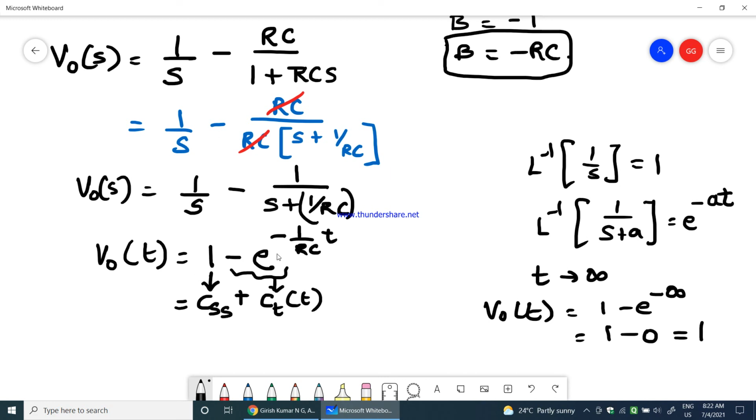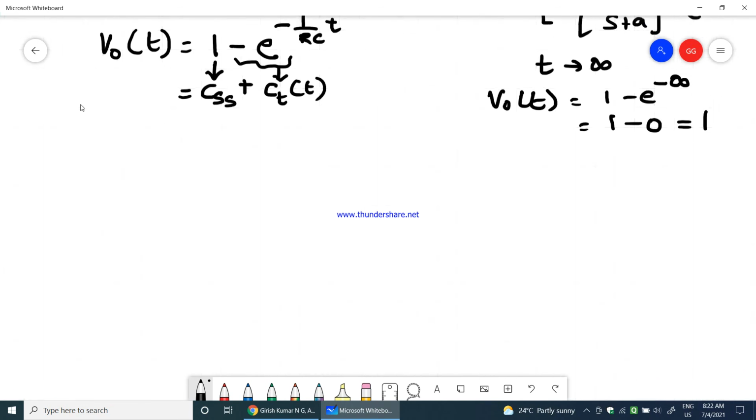So t tends to infinity is the steady state response. Therefore, V out of t would be equal to 1 at t equals infinity. Whereas when you vary the time, you get different values of V out of t, that becomes the transient response. So let us construct a table for this and write the curve.